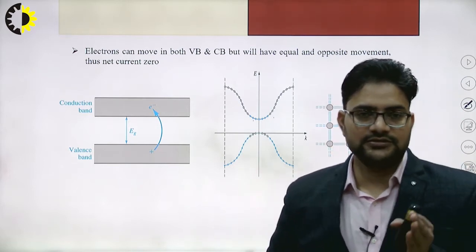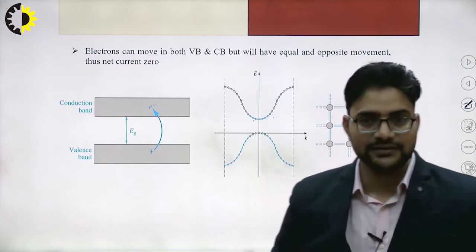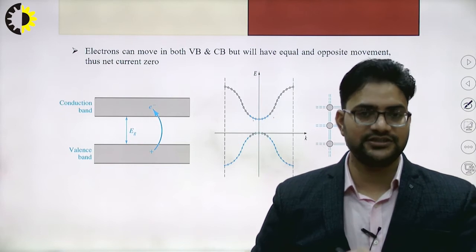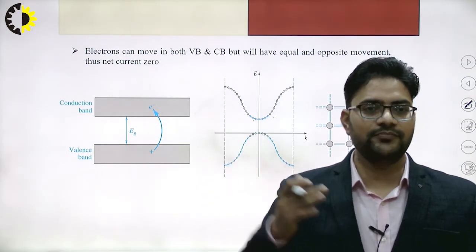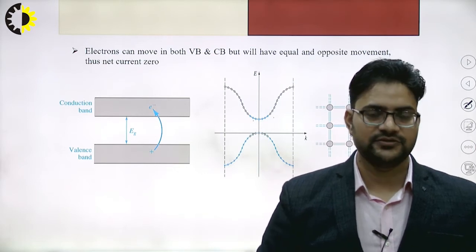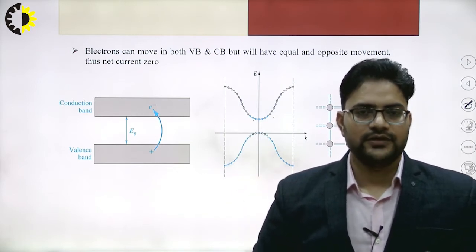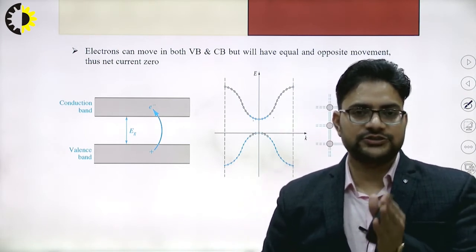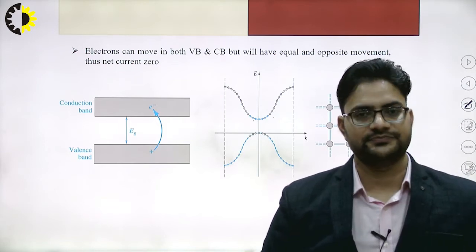Whenever the electrons having high energy in the conduction band lose some energy after some time, they will come back to their original state, or you can say to the valence band. Equal number of electrons will be reaching from the conduction band towards the valence band.